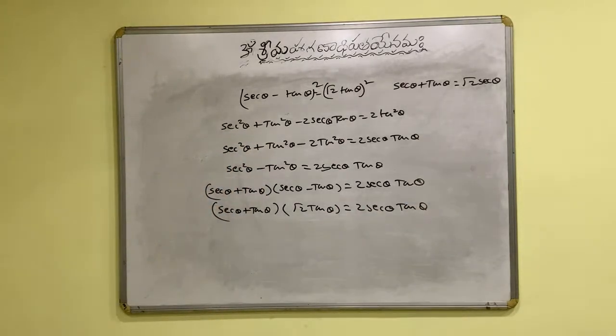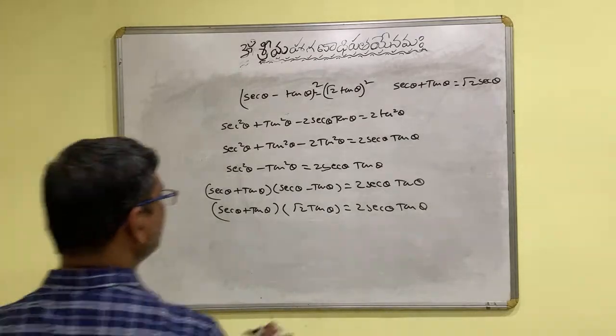Now I think the problem is done, children. Is the problem done? After this, what to do? Cancel tan theta on both sides. Very good.